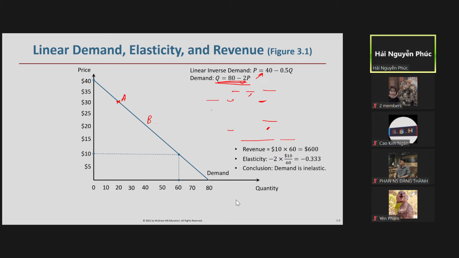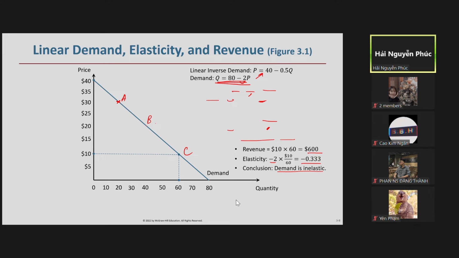Now the third point, point C, at this point, revenue equal to 600, and elasticity is equal -2 times 10 divided by 60. We have this one, -0.333. And we make conclusion that demand is inelastic, right?